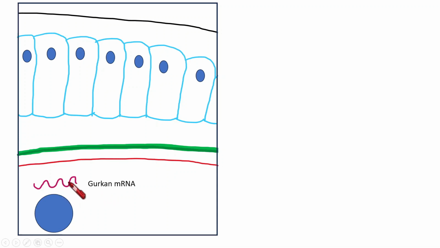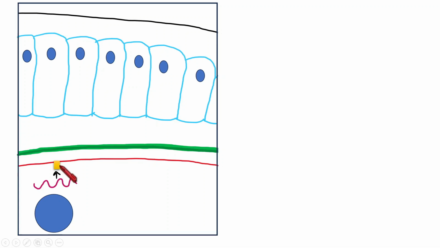And here also we can see the Gurken mRNA, and it is located in a position between the nuclear membrane and the oocyte membrane. And then this Gurken mRNA undergoes translation and produces the Gurken protein.